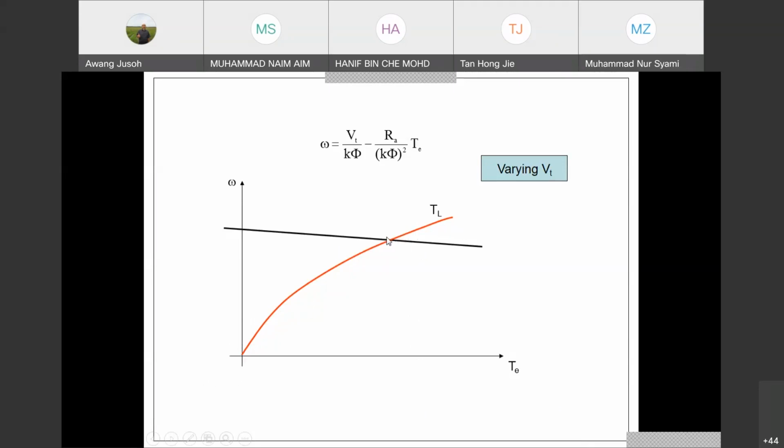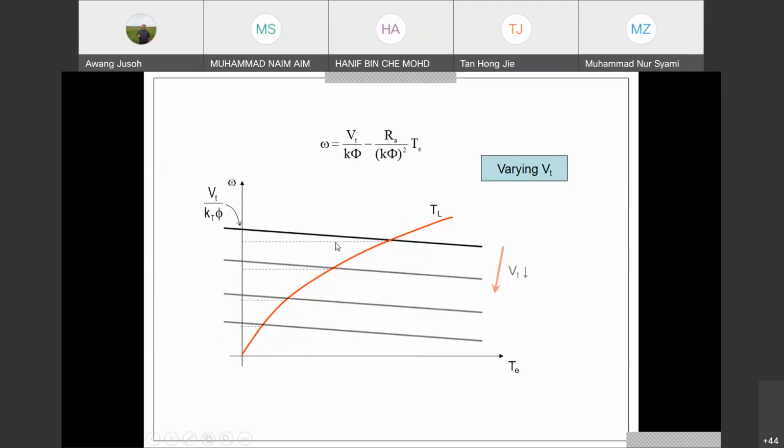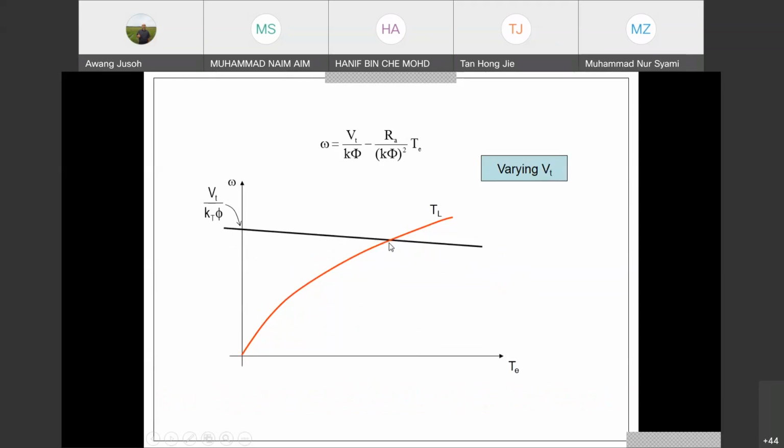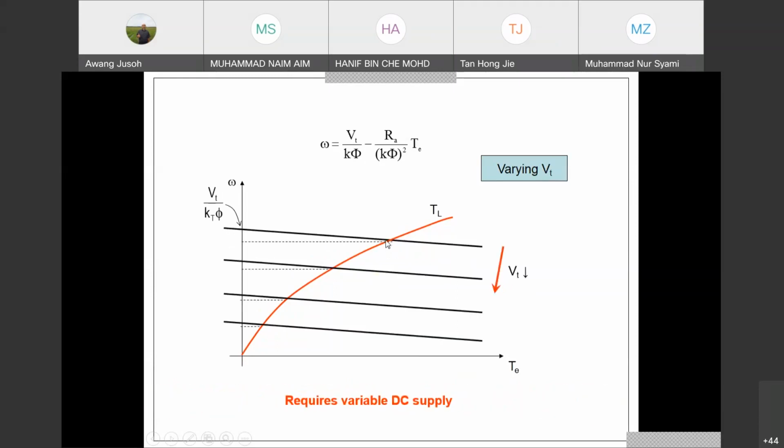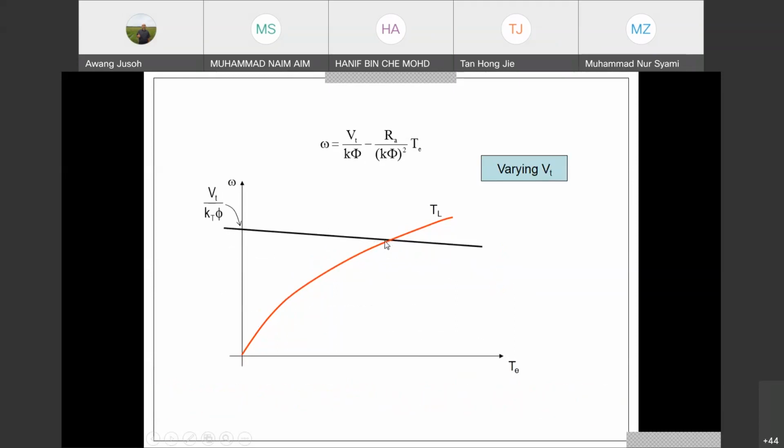The intersection here, the meeting point, gives you the operating point. Okay, you can see there. This is the no load speed, which is given by Vt over K flux here, and then this intersection point. That's it. The first intersection here is your operating speed and operating torque at V terminal 1.